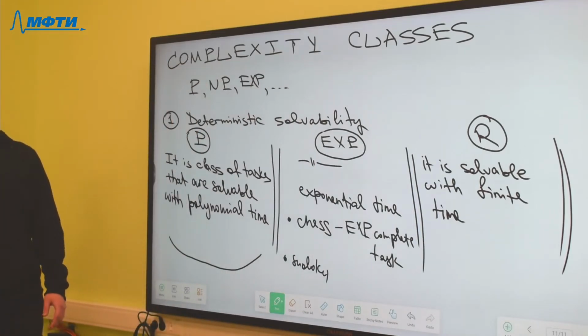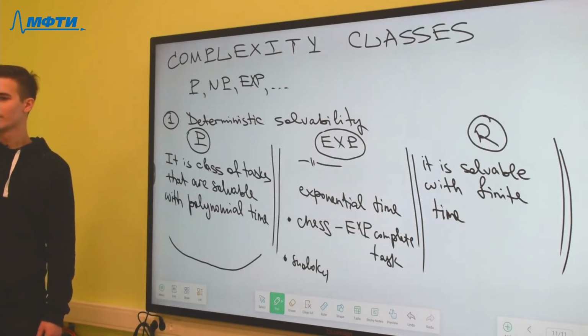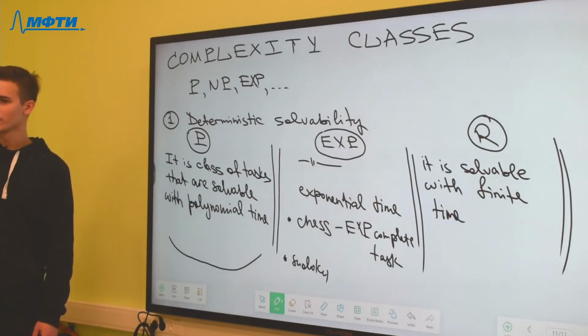And do you know some tasks that are not in the R class? Did you face the universal Turing machine, for example? P versus NP?